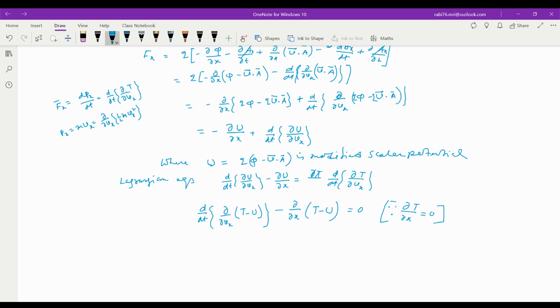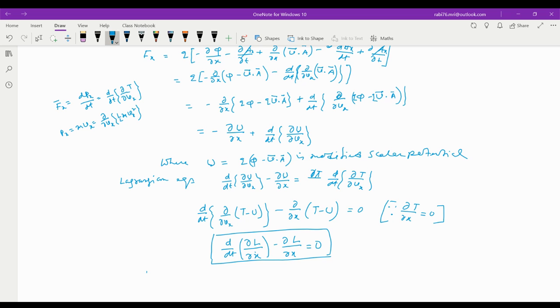So del T by del x will be equal to 0. So this is the same as Lagrange's equation, d/dt of del L by del x dot minus del L by del x equals 0. So this is the famous Lagrange's equation, the x component of Lagrange's equation.